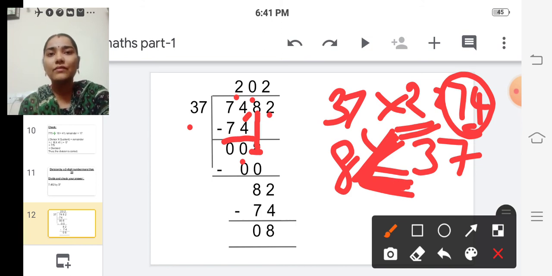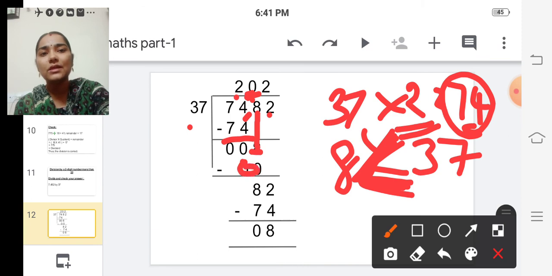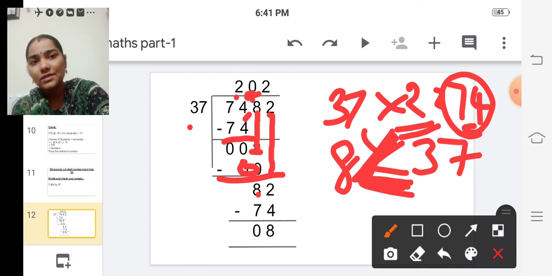So for this we have to put 0 in the quotient, and we are going to subtract 0. So 8 minus 0 is 8.